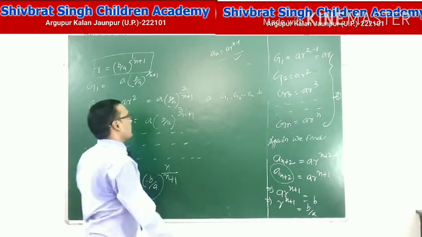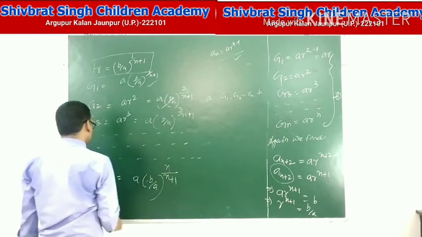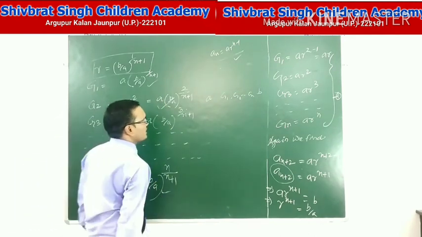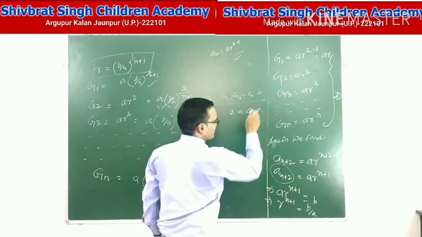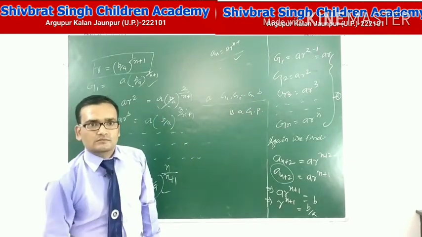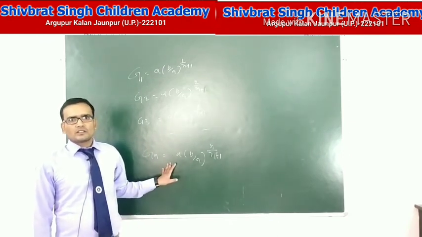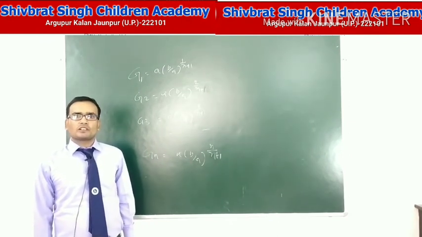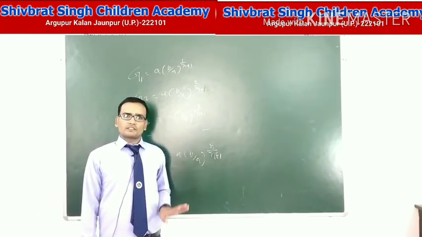The value of G1 equal to this, the value of G2 equal to this, and the value of Gn equal to this, and this makes a GP. I hope students you understand this concept. In the next lecture I will discuss the geometric mean with the help of examples. Thank you.